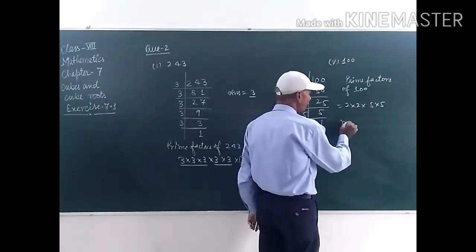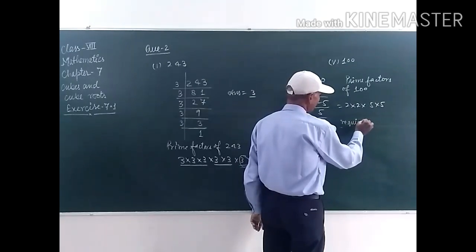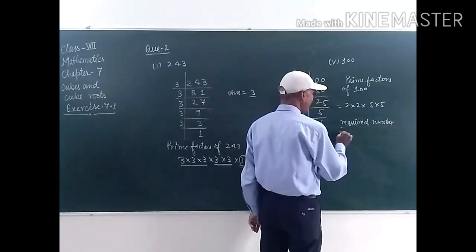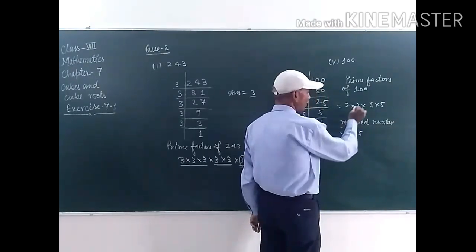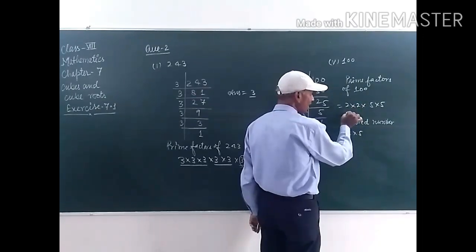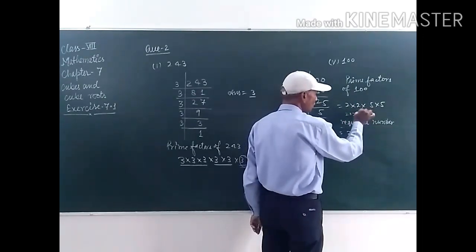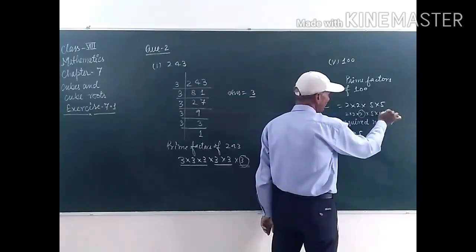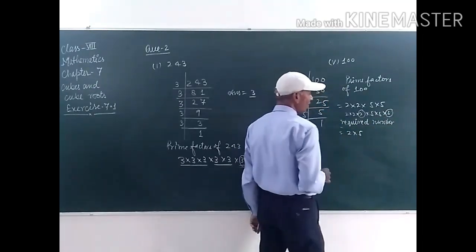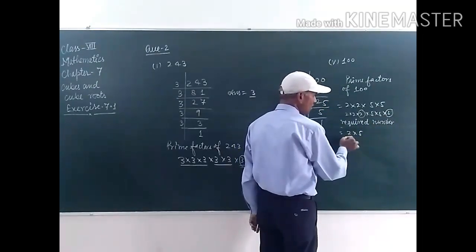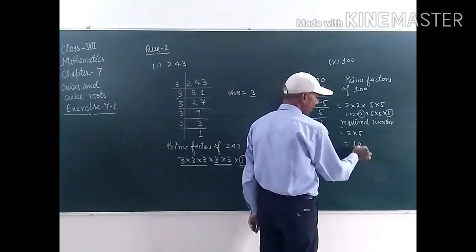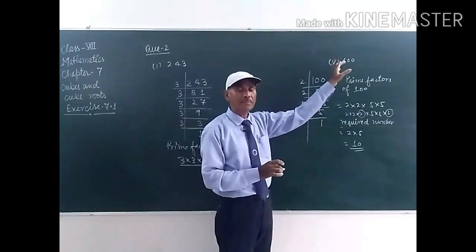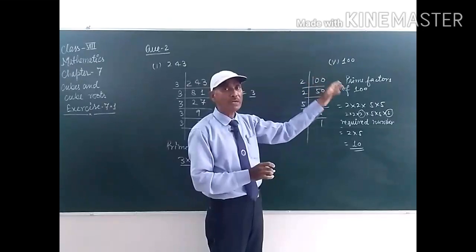So, the required number is 2 into 5, that is 10. The least number is 10, by which 100 must be multiplied to make it a perfect cube.